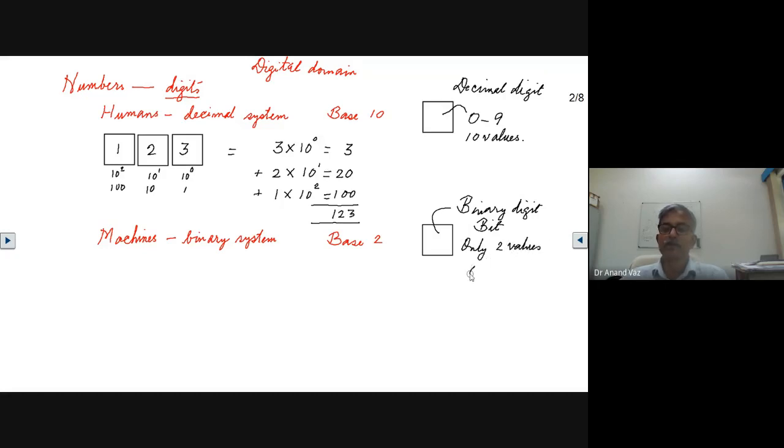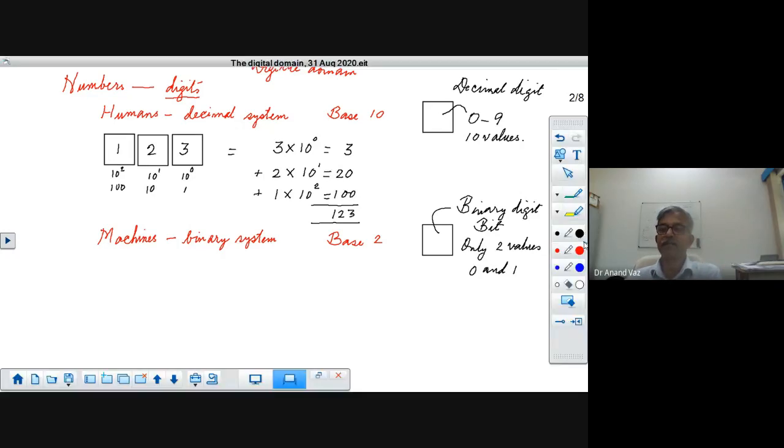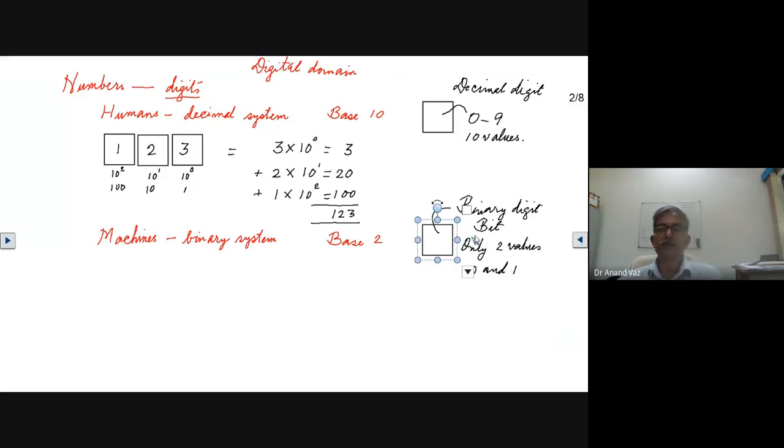And those values are 0 and 1. So suppose you want to represent something, let's represent something in binary. In that case, make use of this itself.